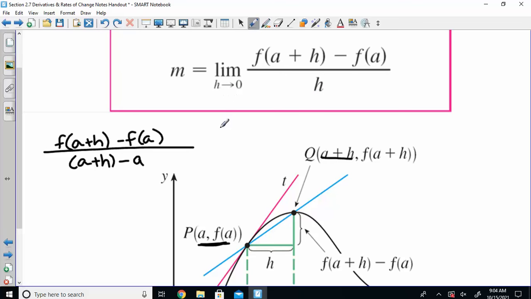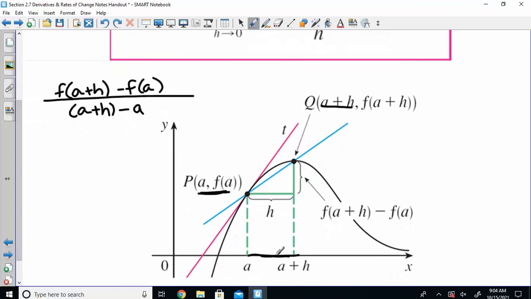It's the distance, the limit as h goes to 0, so the distance that we've moved over is getting smaller and smaller. It's also just another way of finding these slopes, but it is a little bit nicer because it's easier to cancel when I only have an h on the bottom versus when I have two terms on the bottom. So it can be a little bit easier to reduce. So I'd like to use that approach to do a problem.